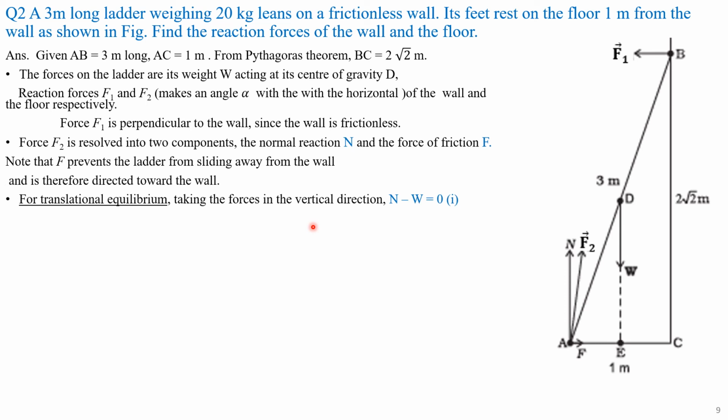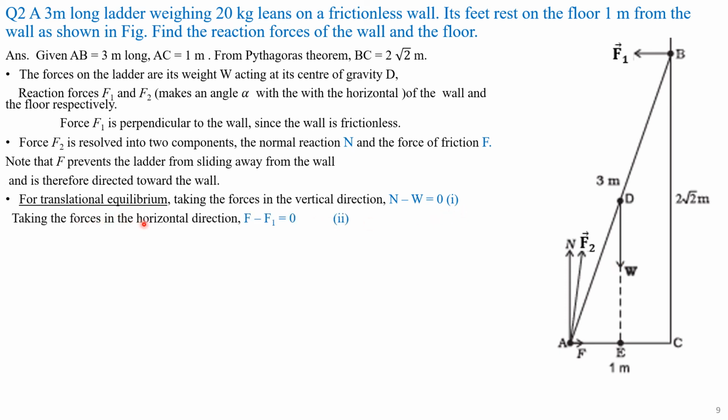For translational equilibrium, taking the forces in the vertical direction, the forces are the normal N, which is pointing upwards, and W, which is pointing downwards. Therefore, N minus W is equal to 0. Let it be equation 1.